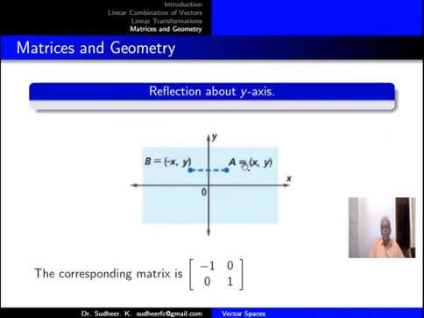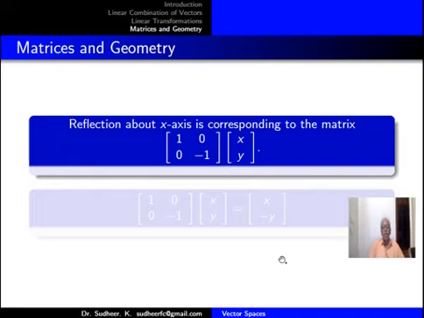So the point A was converted into the point B. In this conversion, what you actually observe is all points on the right side of the y-axis are moved to the left side of the y-axis, and correspondingly the points on the left side of the y-axis are moved to the right side of the y-axis. Okay, so the process is reflection about the y-axis. So the matrix [-1, 0; 0, 1] will reflect points about the y-axis.